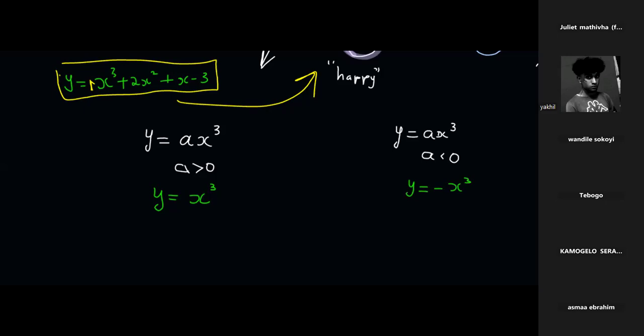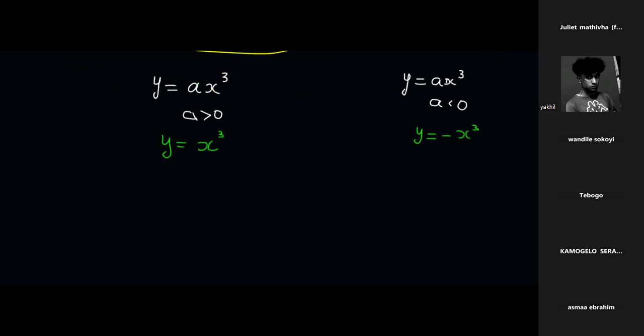So it means your graph will be the one that looks like a snake. Some of you have seen an ugly graph like this. This one is going to be like this. Some of you have also seen a graph which is like this.